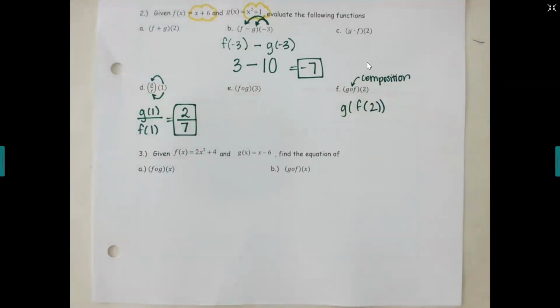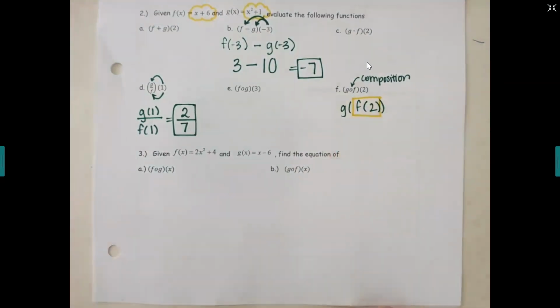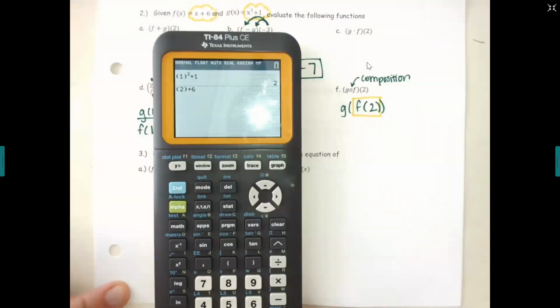And remember, we're going to start with the equation closest to the 2. So we're going to find F of 2. I just showed you how to do that. You plug in 2 to the equation for F. What is F's equation? X plus 6. Now it's 2 plus 6. That's going to give me 8.